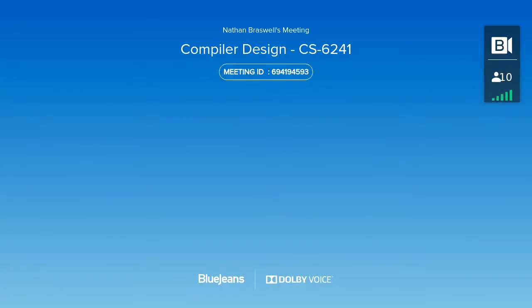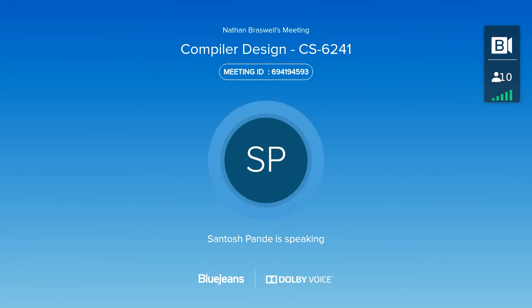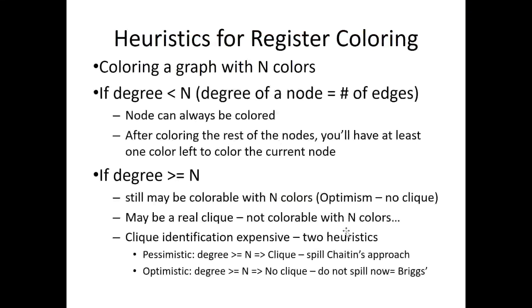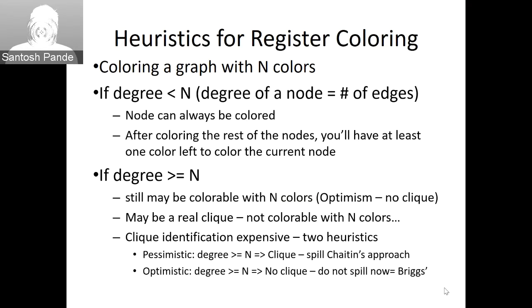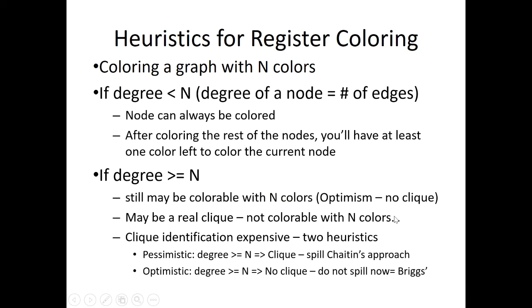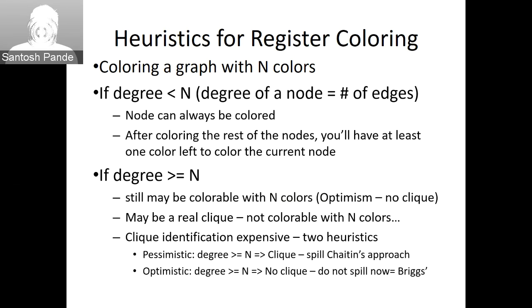So with that, let's go back to where we were. All right, so these were the two cases, the implication: clique, that is Chaitin, and no clique, which is Briggs.